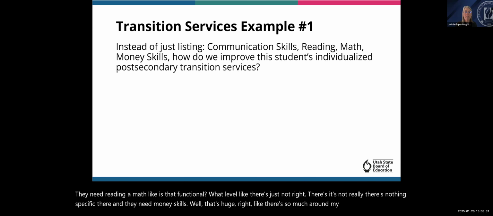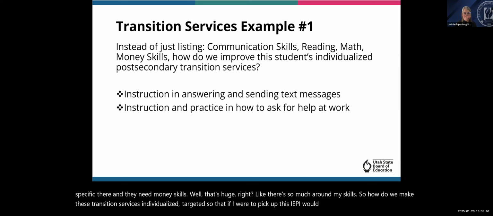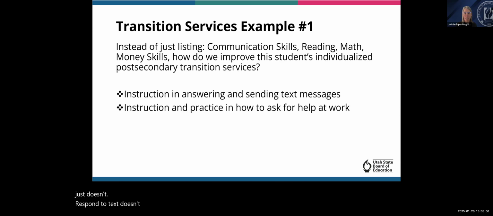So how do we make these transition services individualized, targeted, so that if I were to pick up this IEP, I would know what to do with the student? Here are some possibilities. Instruction in answering and sending text messages. Maybe the student doesn't respond to text, doesn't know how to write text, doesn't know how to use speech to text, for example.